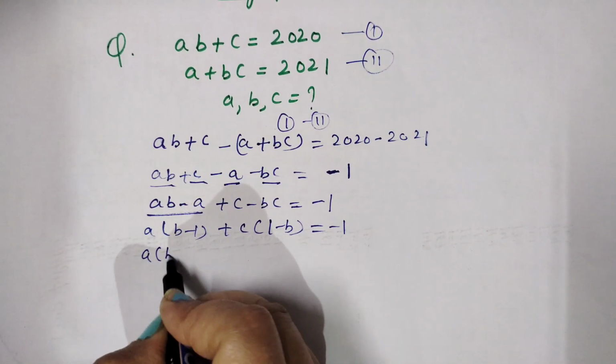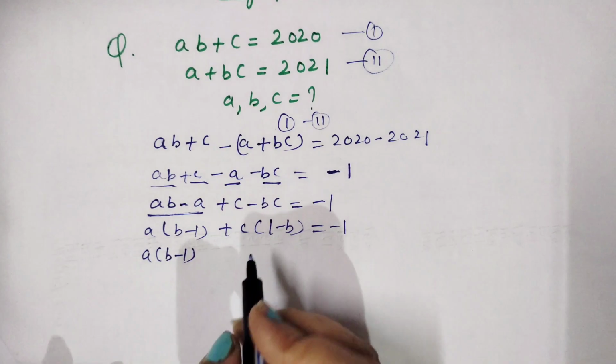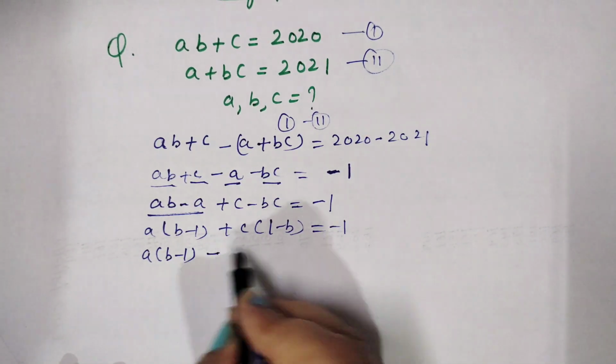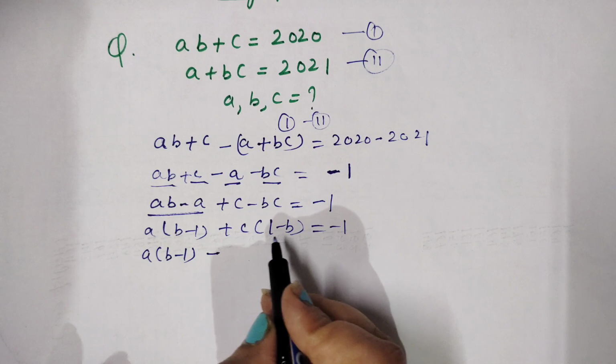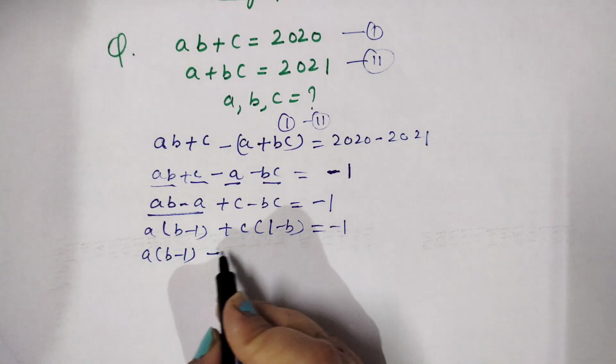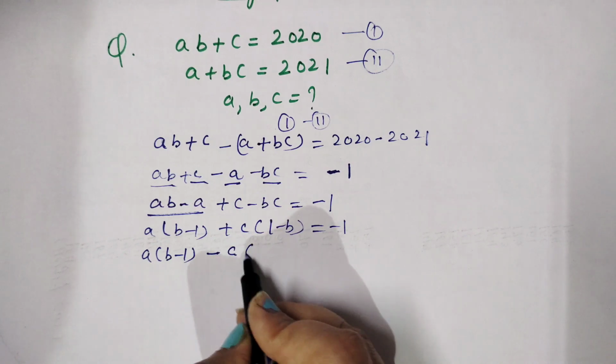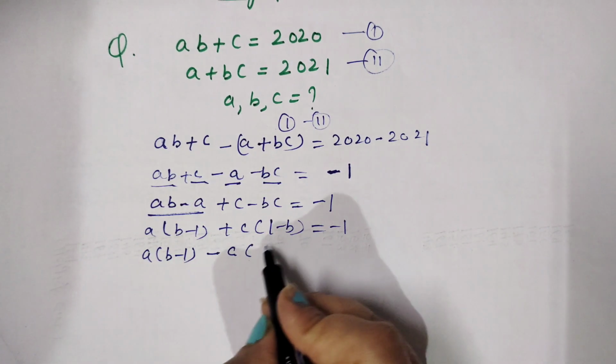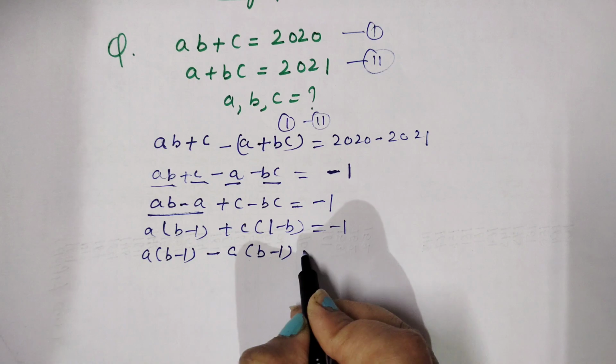So A, B minus 1, is it okay? Now can we convert this 1 minus B into minus of B minus 1? So we'll take out the minus sign outside, so it is B minus 1.